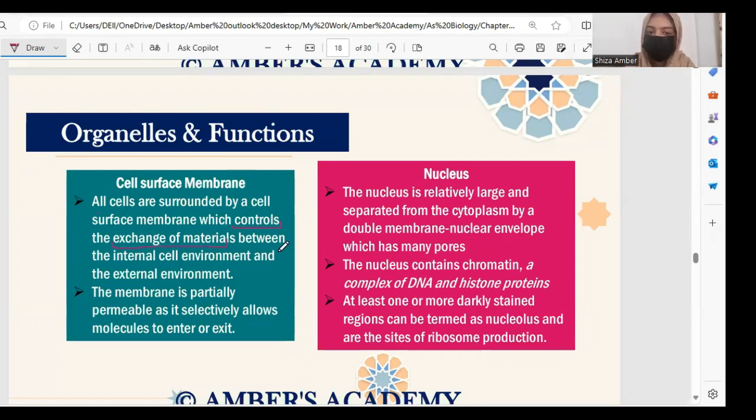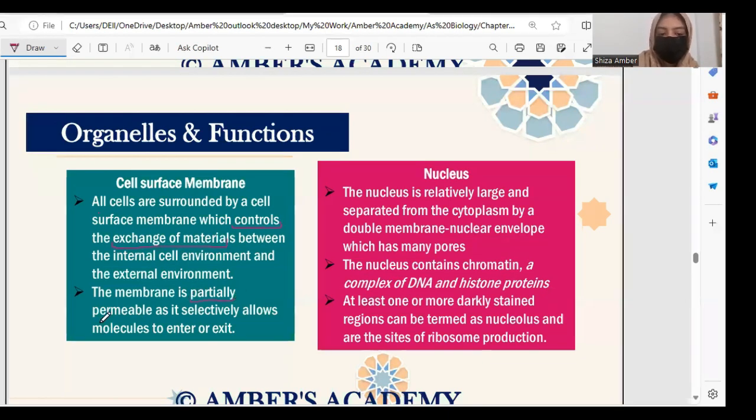What property of cell surface membrane has enabled it to control the entry and exit? Partially permeable. Partially permeable, yes. So, cell surface membrane is partially permeable, which allows selective materials to move across the membrane. Okay, this is simpler. You already know it from your O levels.